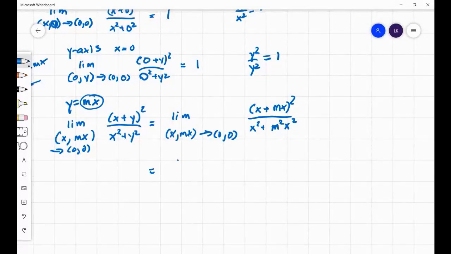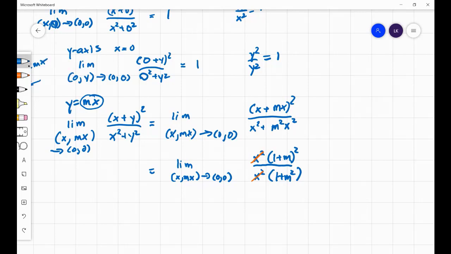Now we reduce this expression so we can get some nice cancellations and try to evaluate the limit. On top, we can factor out an x squared, and we're left with 1 plus m squared. On bottom, we can also factor out an x squared. So we have that cancellation.